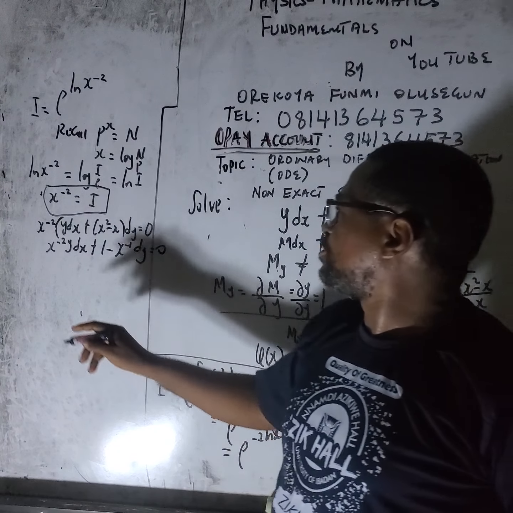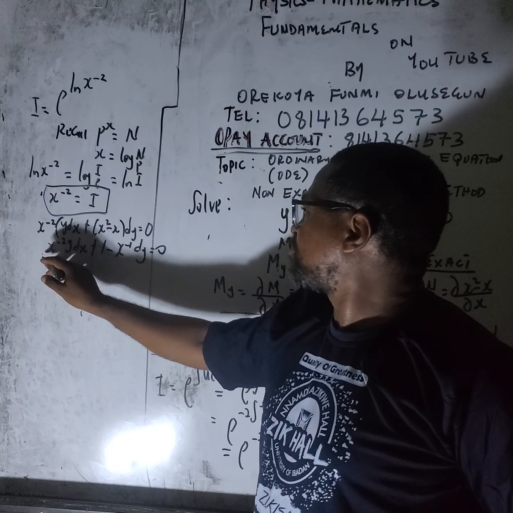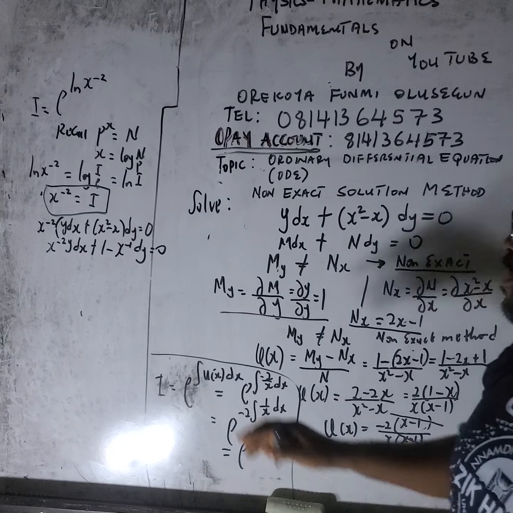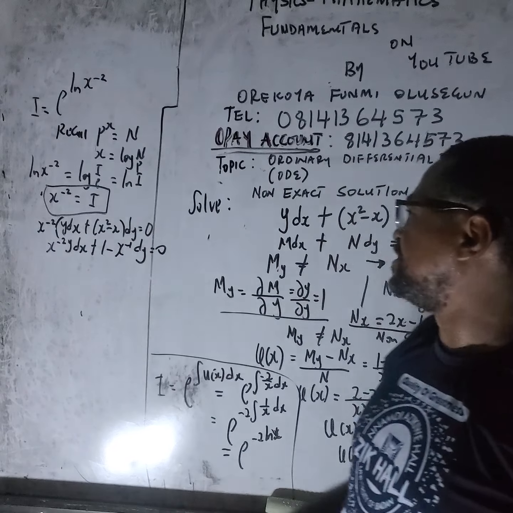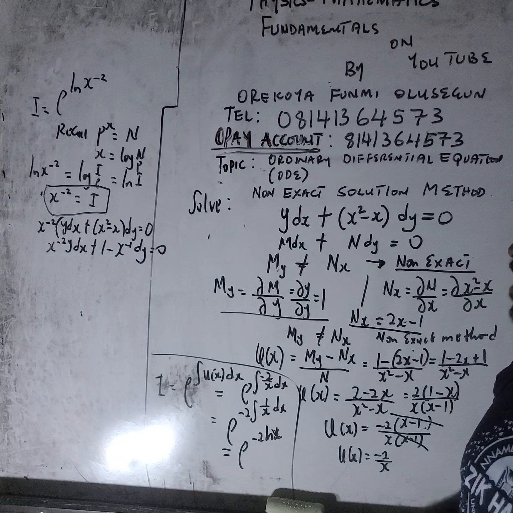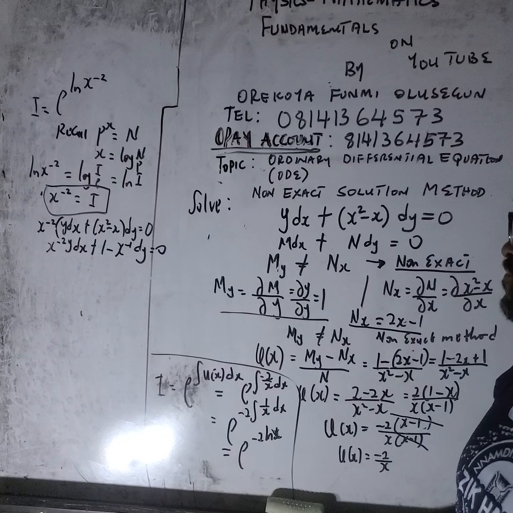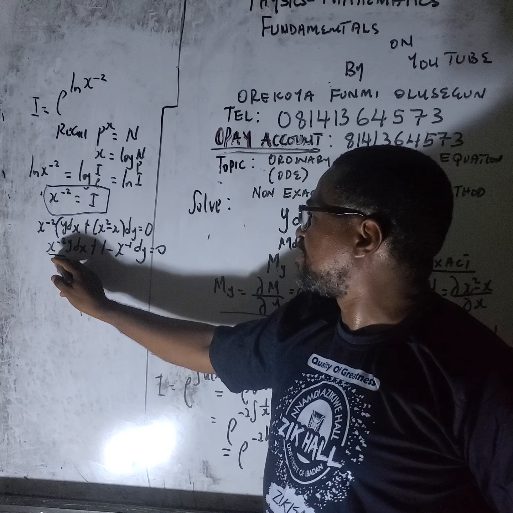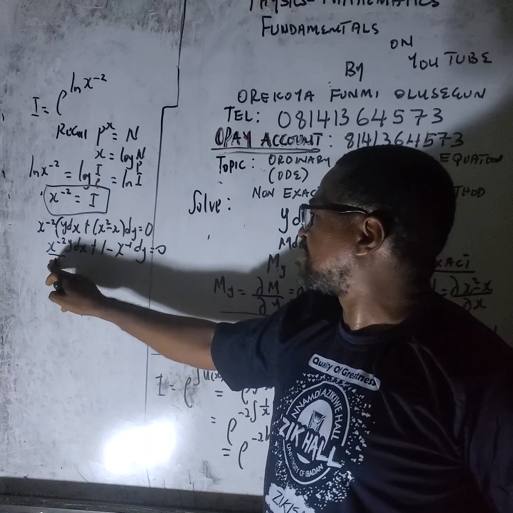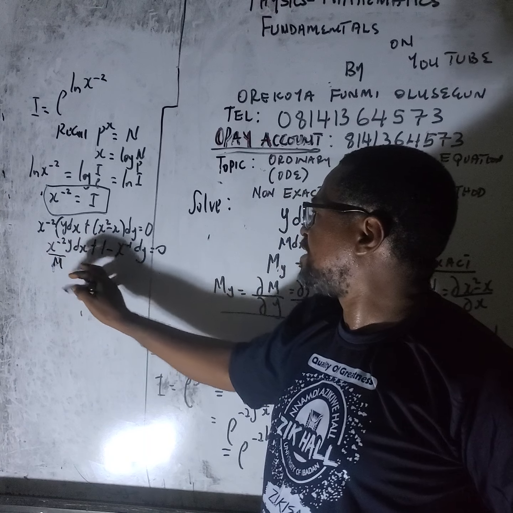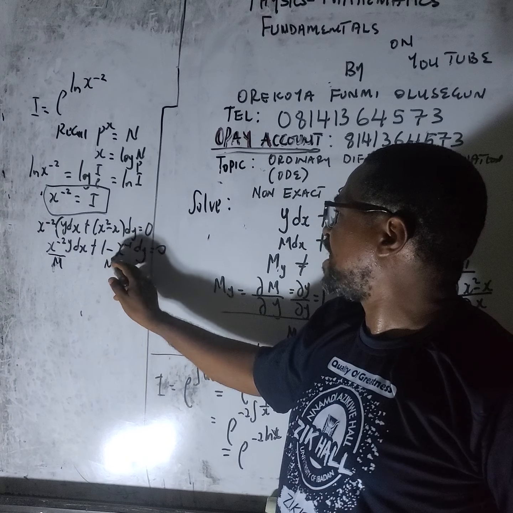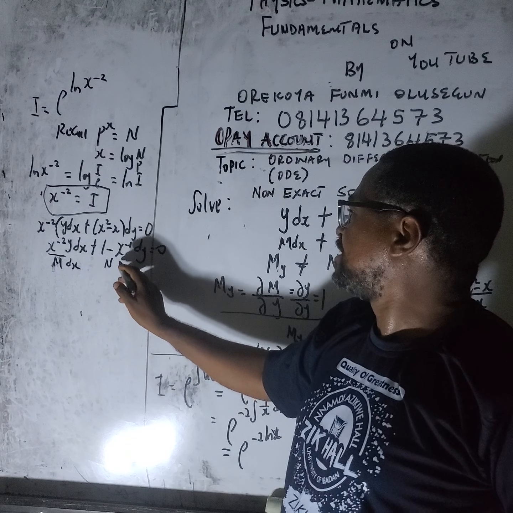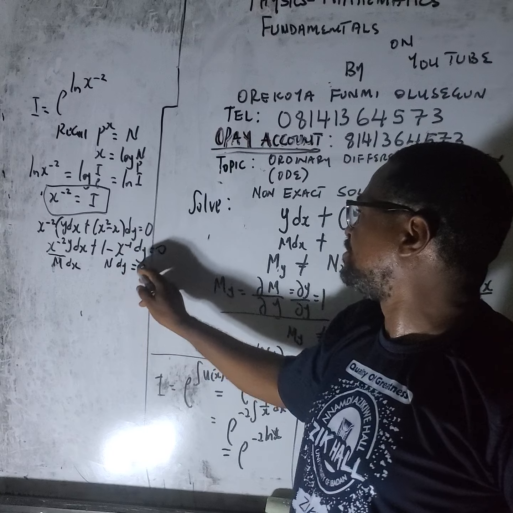So now this is what we have here. We need to test it to know whether the expression that we have here is one we can solve using the exact solution method. So in a nutshell, I will rewrite this expression here as my M, and this expression here as my N. So this will be M dx, and this will be N dy is equal to 0.